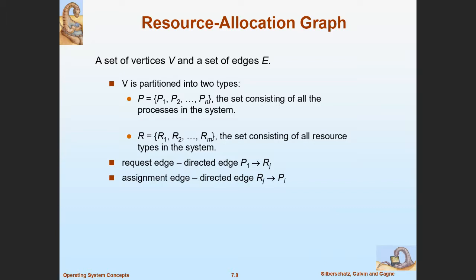The edges are arrows which signify the request edge, an arrow from process to the resource. Assignment, which means the process is currently using the resource, is an arrow from resource to the process.